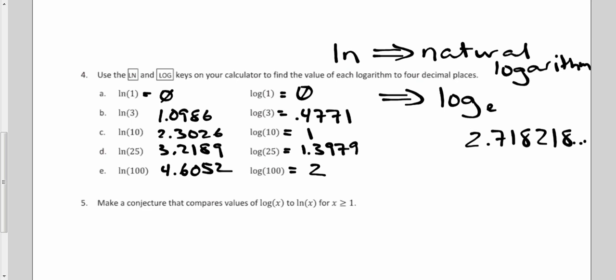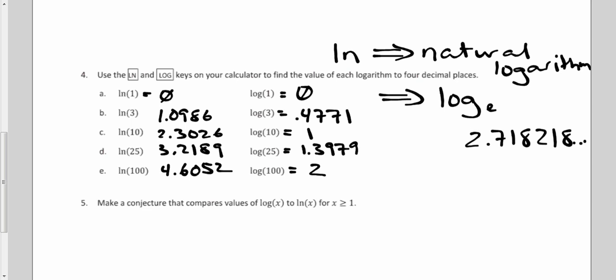It's getting bigger, but more slowly. And the same thing for common log. It's doing the same thing. It gets big fast, not as fast as natural log, but it gets big fast, right? From 1 to 10, it goes up 1. But it has to go up to 100 to get to 2.